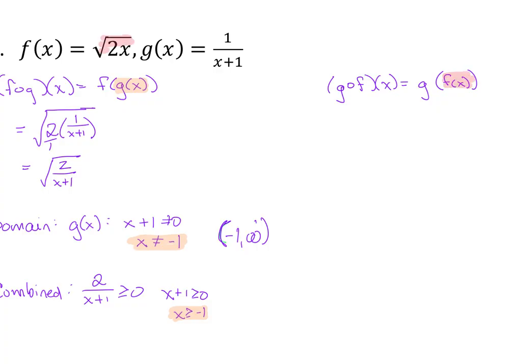Wherever we see an x in our g function, we're going to plug in the square root of 2x. So when we do this, we get 1 over the square root of 2x plus 1. It doesn't look very nice, but that's what it's equal to. We're going to leave it like that.